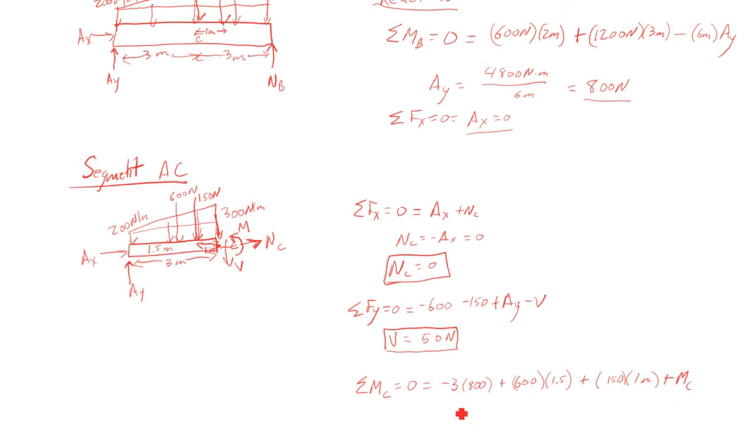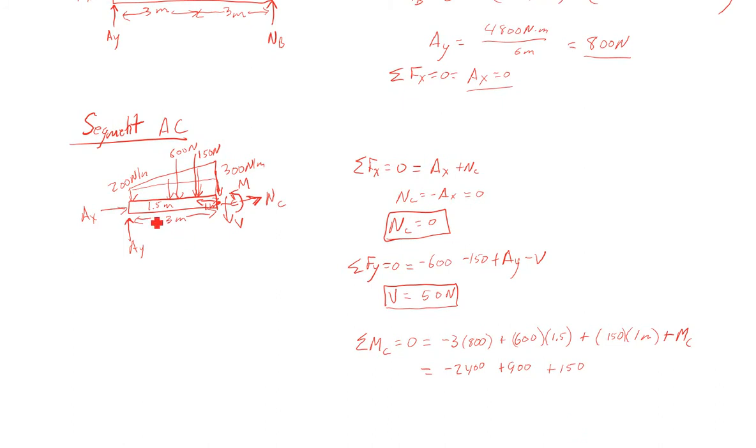Alright, so what do we get here? Negative 2400, 600 times 1.5 is plus 900, plus 150. So what do we have there? We get 1050. So plus MC, 1050. So we get 1350. MC equals 1350 newton meters.